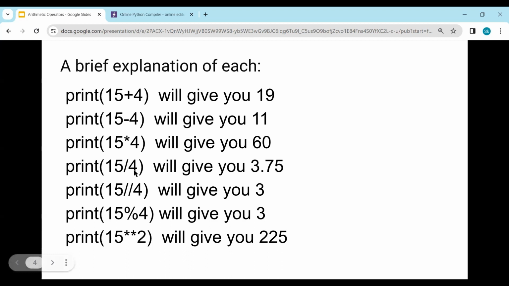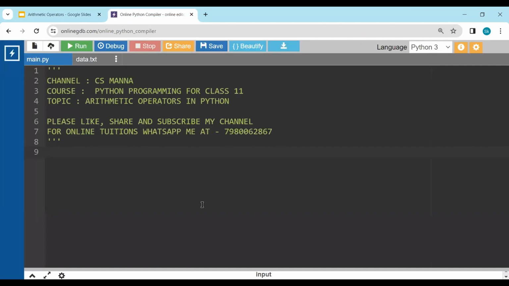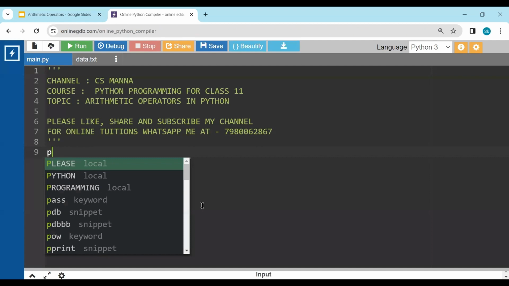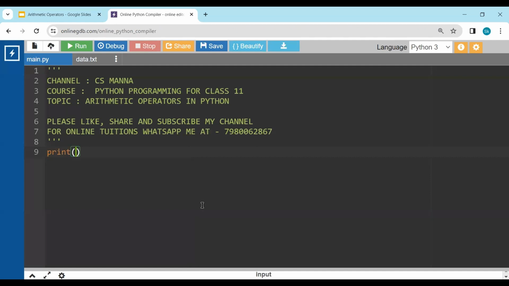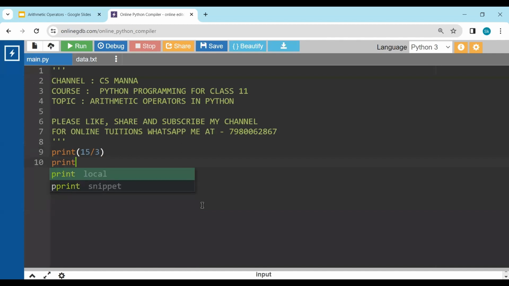So important ones are this one and this one, which give you two different results. Let me show you. If you do it here, print, for example, 15 divided by 3, and the same thing you write as 15 floor division 3. If you run this code, what exactly will you get?